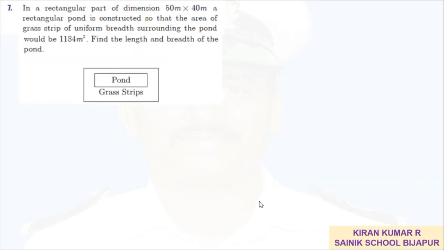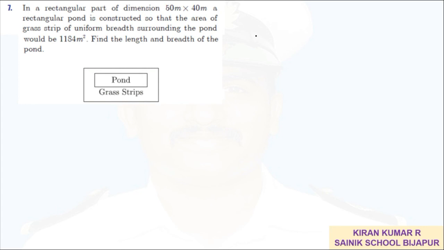This question is a repetition. Question number 7. We had solved it in the exemplar last exercise. If you remember, we had considered the width to be x. From here to here, here to here, the width was considered as x.